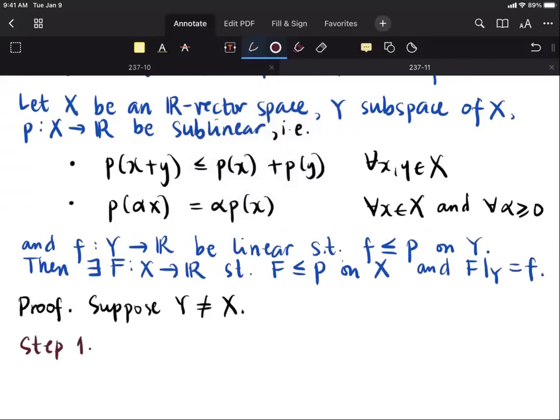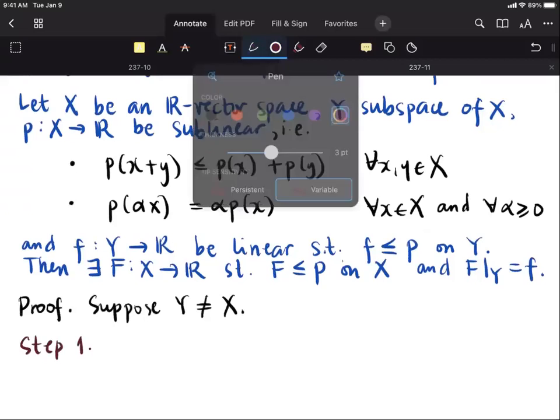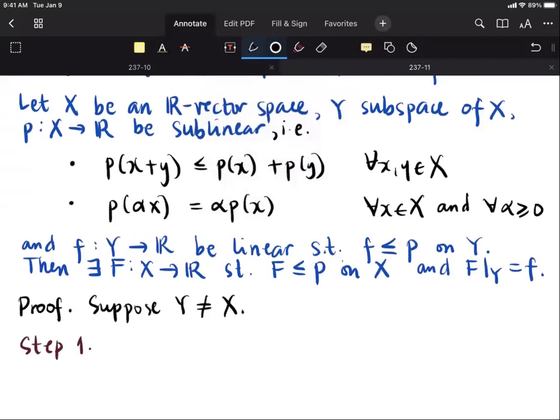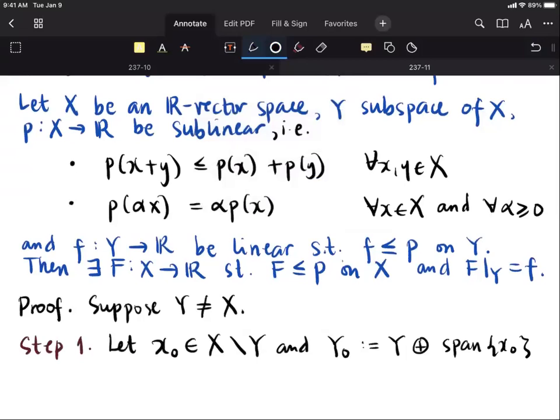So as a first step, according to this assumption, there exists an element, let's say x naught, that is in X but not in Y. And then we define Y naught to be Y plus the span of x naught.